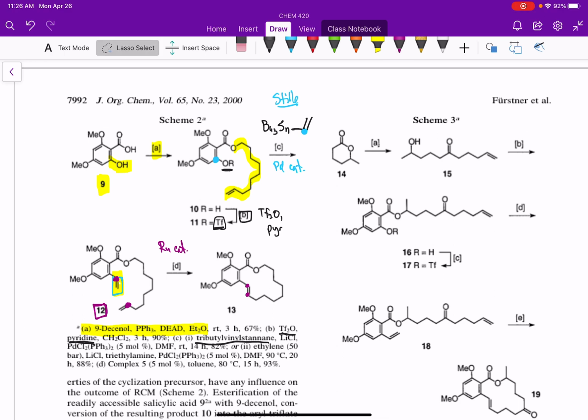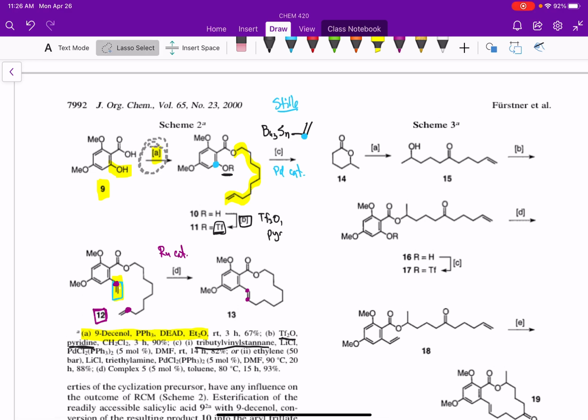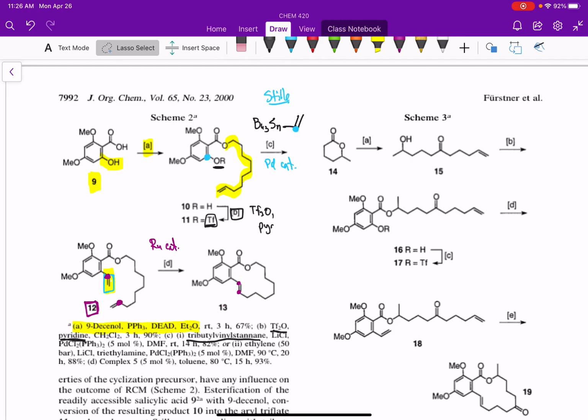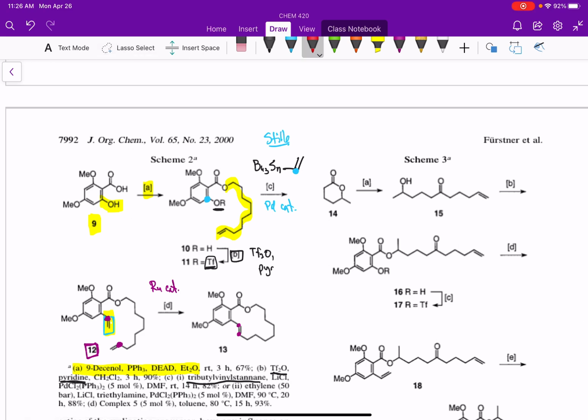Again, to recap: the Mitsunobu reaction to form the ester. That's step A. Step B, they converted the phenol into our triflate.